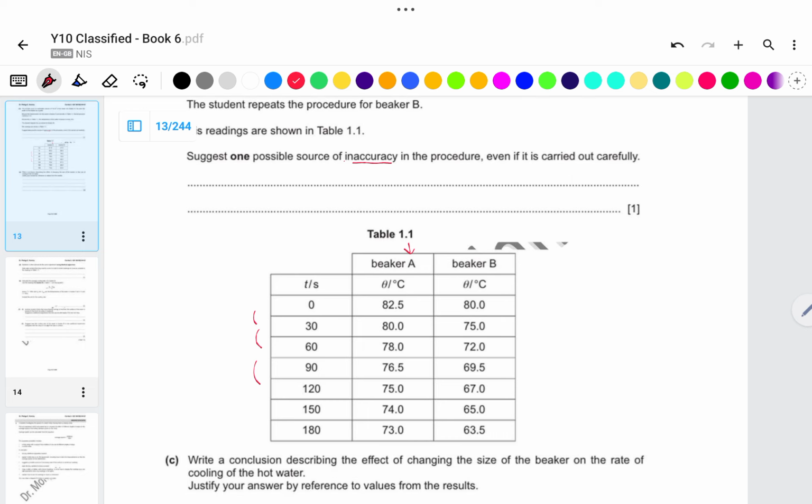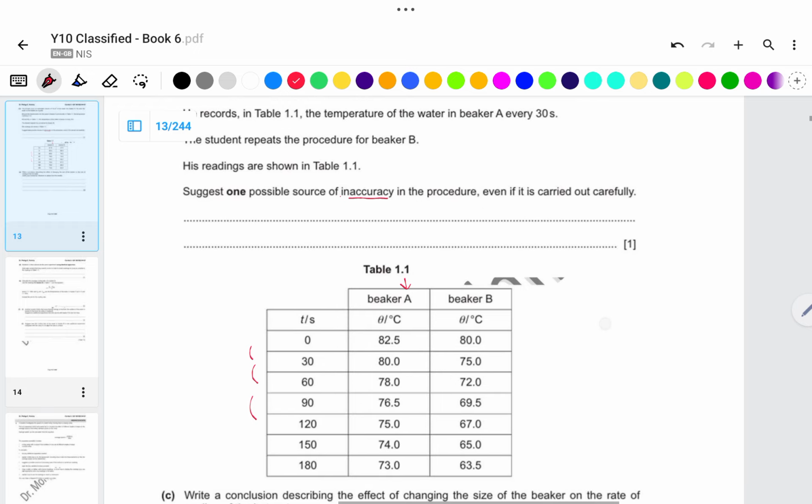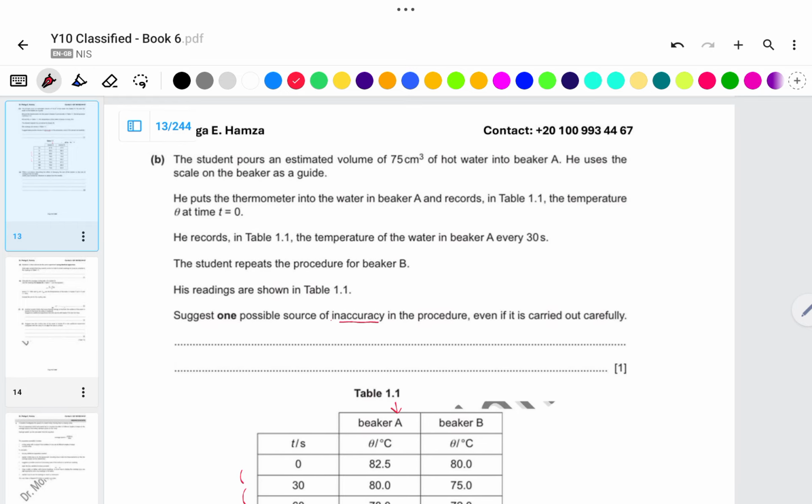Suggest one possible source of inaccuracy in the procedure, even if it's carried out carefully. Well, let's check. I can see that 30, 60, 90, 120, at 75, they said they used a volume of 75 centimeter cube of hot water. So I can say that at 75 centimeter cube of hot water, it's difficult to estimate with large graduations on beakers.